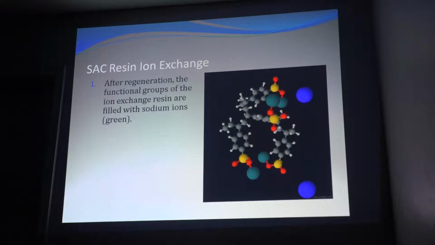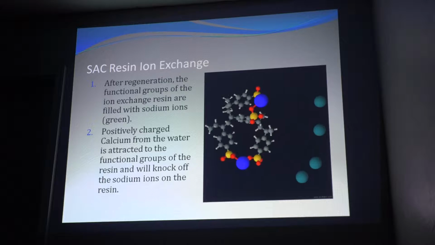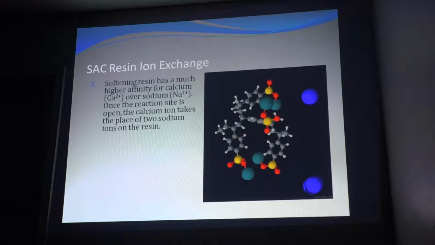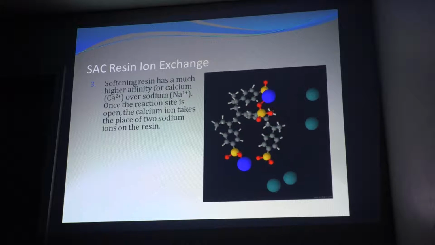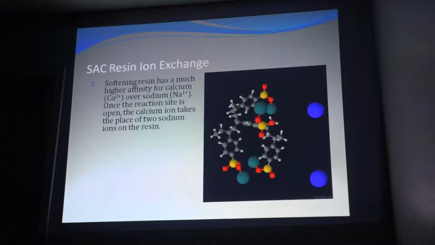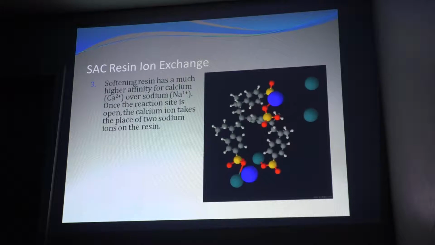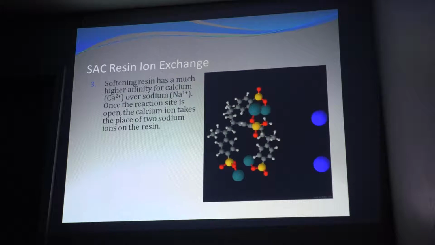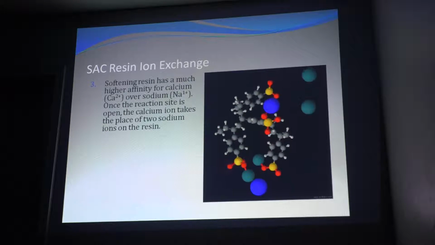And the reason that it takes two sodium ions to drive off the calcium ion is because the calcium ion is a much stronger magnet to the resin bead than sodium is.